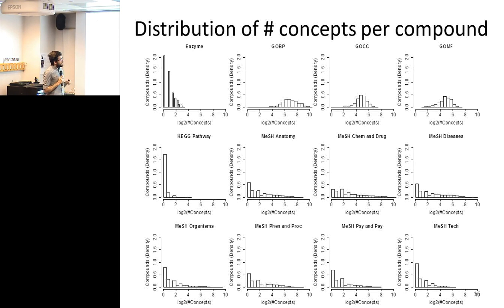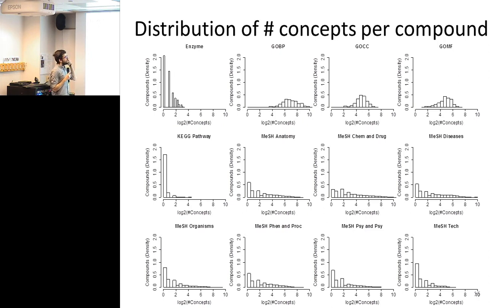In the end, we're going to be interested in figuring out the relationships between all of these metabolite sets that we've created. In order to do that, we're going to look at the overlap of compounds between all the metabolite sets. We were curious how promiscuous compounds are within the concept types, essentially, and within the concepts.